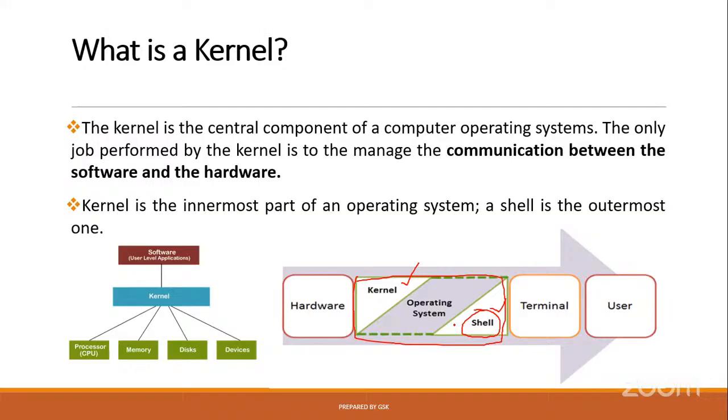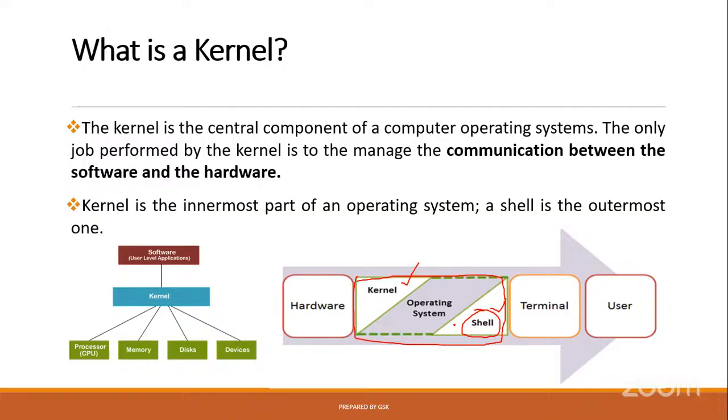The only job performed by the kernel is to manage the communication between the software and the hardware. Suppose I am working with one software. That software wants to use some file, but we know that the file is stored in the hardware, the secondary storage device.